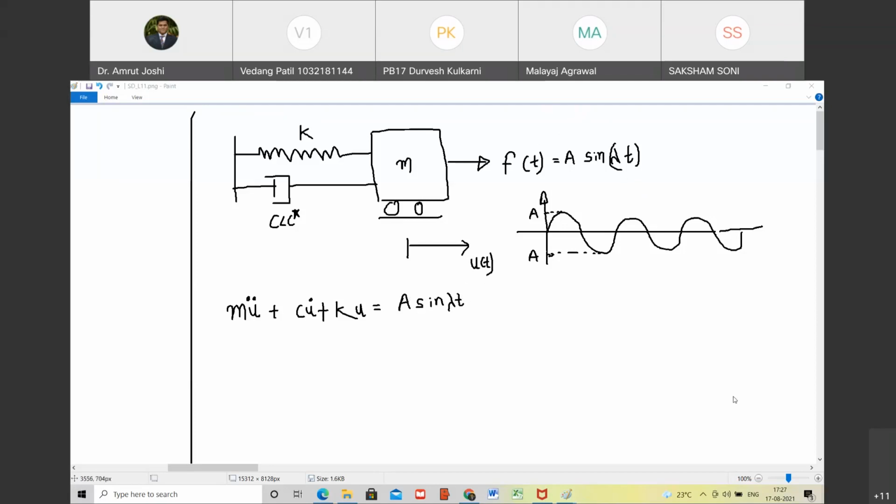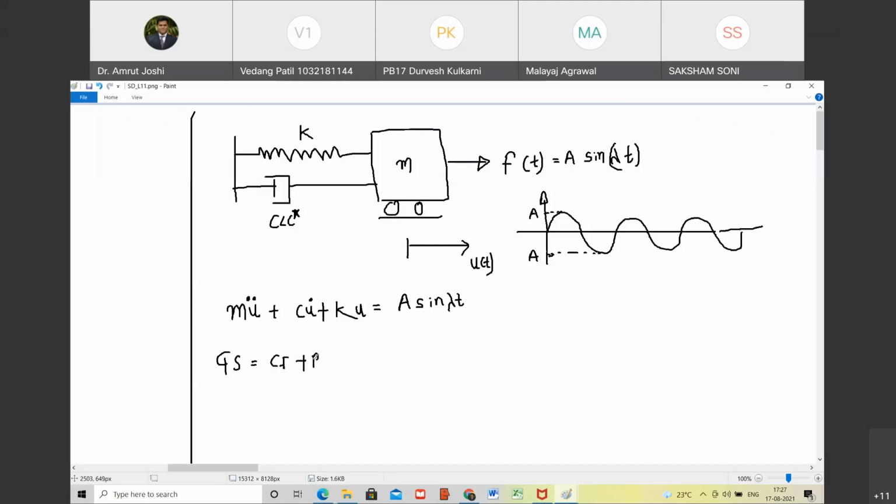And now, how do we go ahead? Is this a homogeneous differential equation or a non-homogeneous differential equation? As the right hand side is not zero, it is a non-homogeneous differential equation. Now, how do we solve it? First of all, the general solution of this equation is the summation of complementary function plus particular integral.